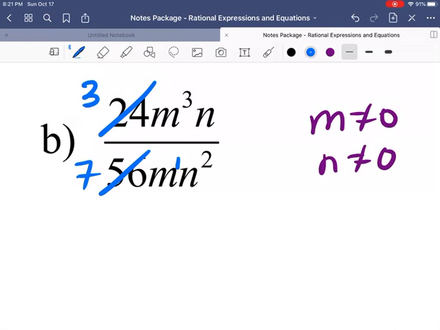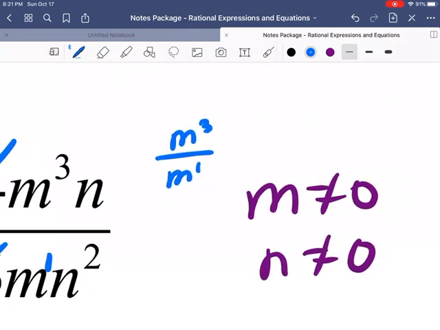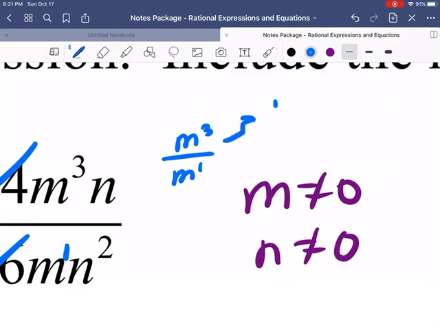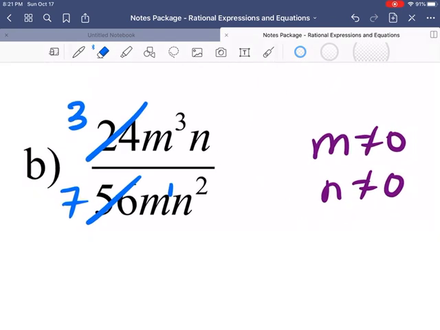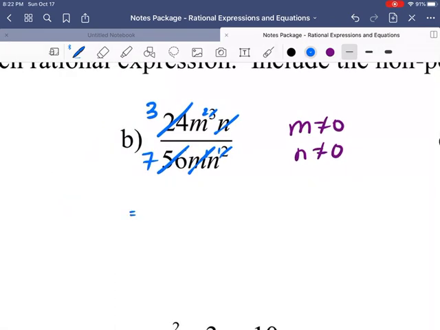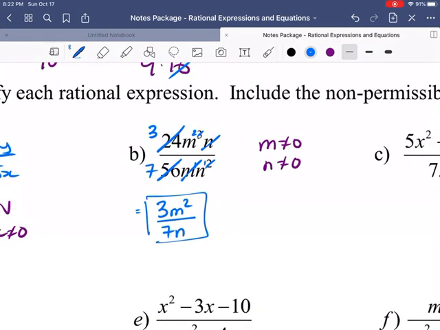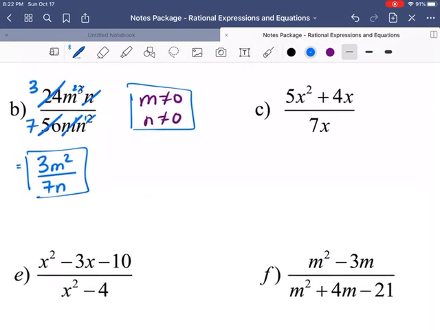If you recall your exponent laws, if you have something like this, that's equivalent to, okay, and one of those m's will simplify. So you subtract exponents. So this will simplify and this will become 2, and then this will simplify and that will become 1. So you're going to be left with 3m squared over 7n. So we've simplified it and we found our non-permissible values.